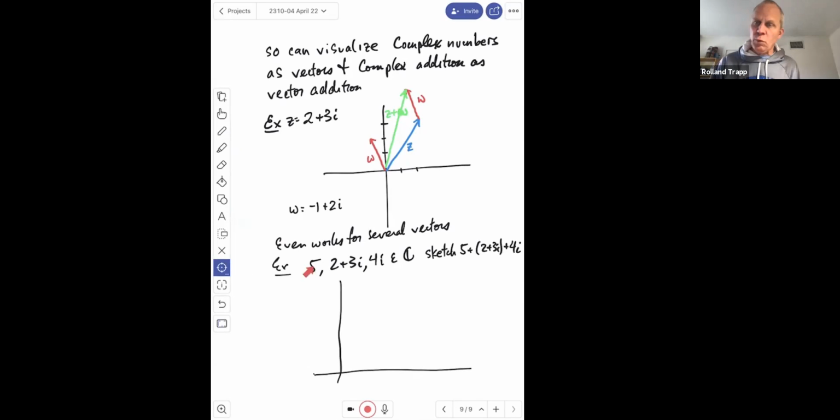Okay, so pop quiz. What kind of vector is 5, if I want to think of 5 as a vector? I'm thinking of 5 as a complex number. Every complex number can be represented as a vector in the plane. What vector is 5?